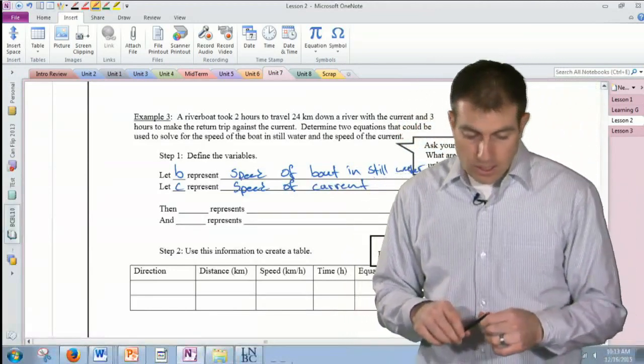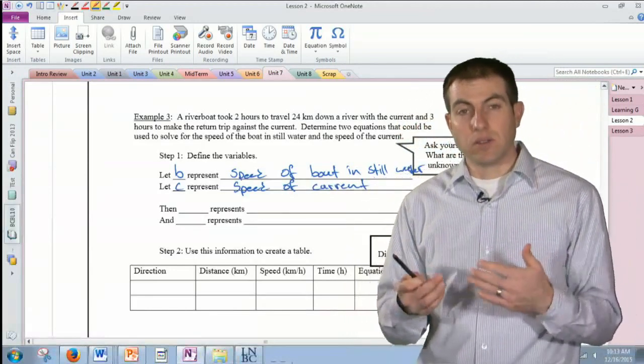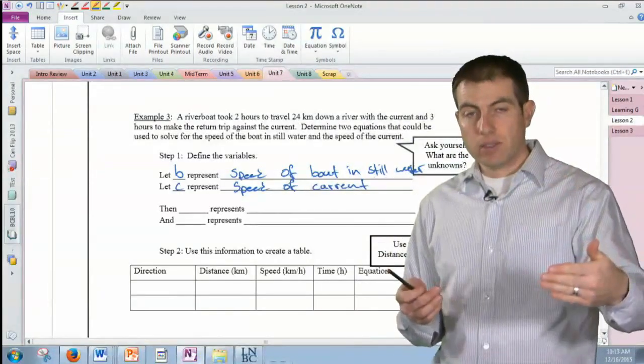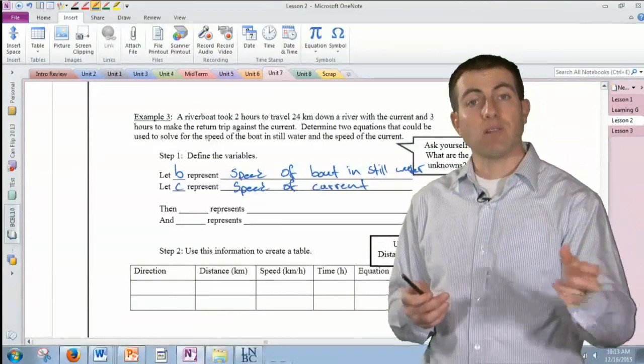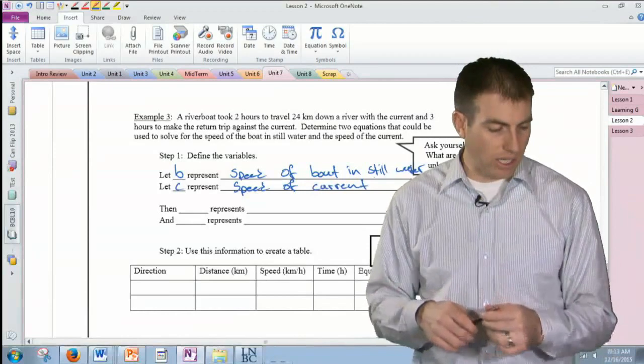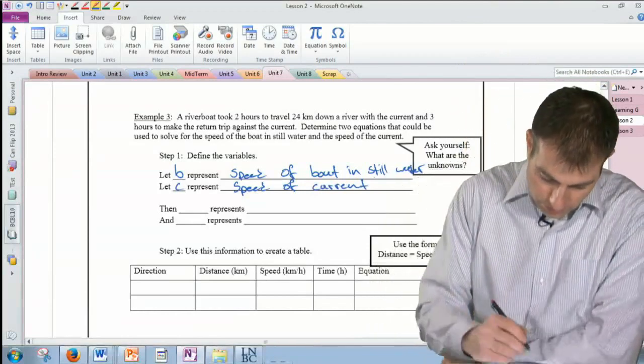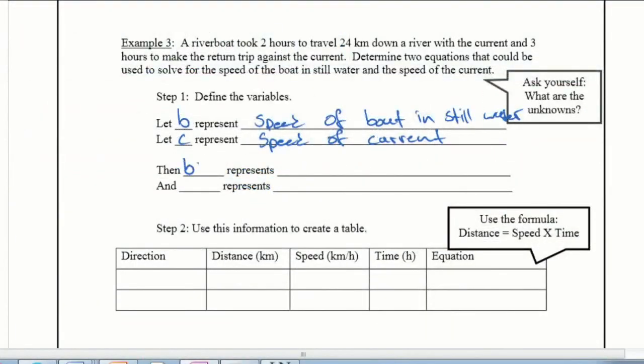So we have 2 sort of scenarios. The boat's traveling with the current, and we know how long that takes, and the boat's traveling against the current, and we know how long that takes. So we're going to use that information. If we take the speed of the boat plus the current, that's going to be speed of boat with the current.